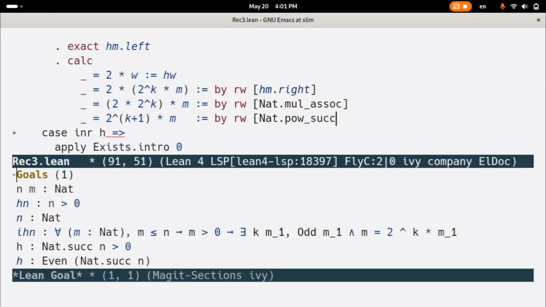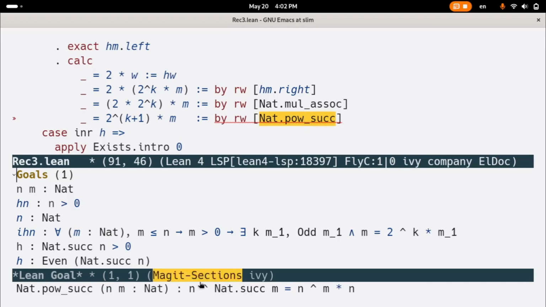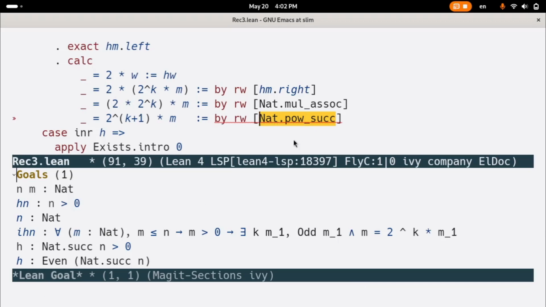This rule is called pow_succ, which is the theorem n power m plus 1 is n power m times n. So we have to do this rewrite from right to left.